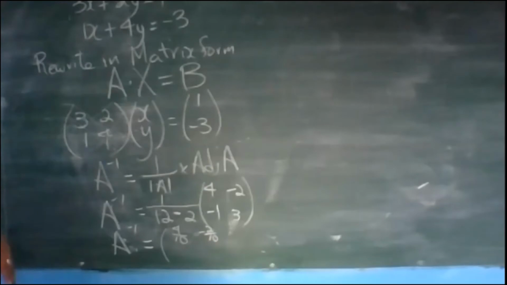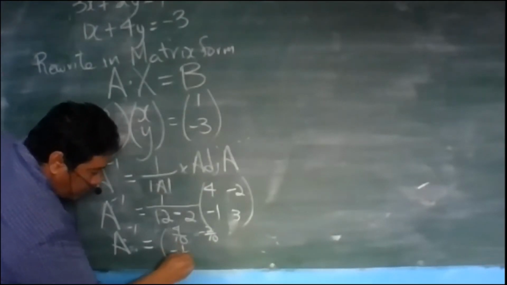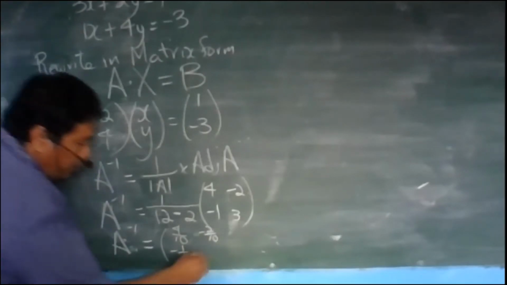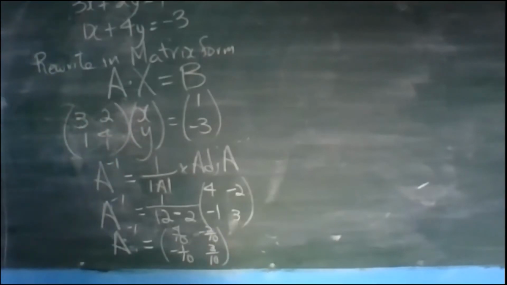Negative 1/10 times negative 1 is negative 1/10. And lastly, 1/10 times 3 is 3/10.